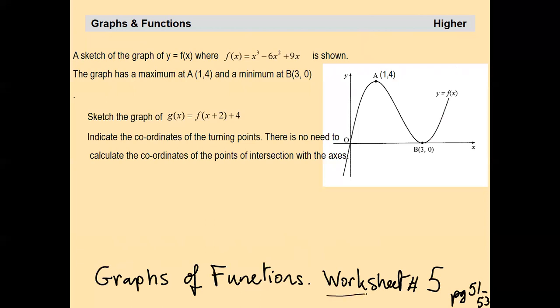So the next worksheets that you need to work on would be worksheet number 5, page 51 to 53. So you'll see the questions, the type of questions. They're not as complicated as the higher question that we did. They'll show you the graph and they'll ask you to sketch the new graph.